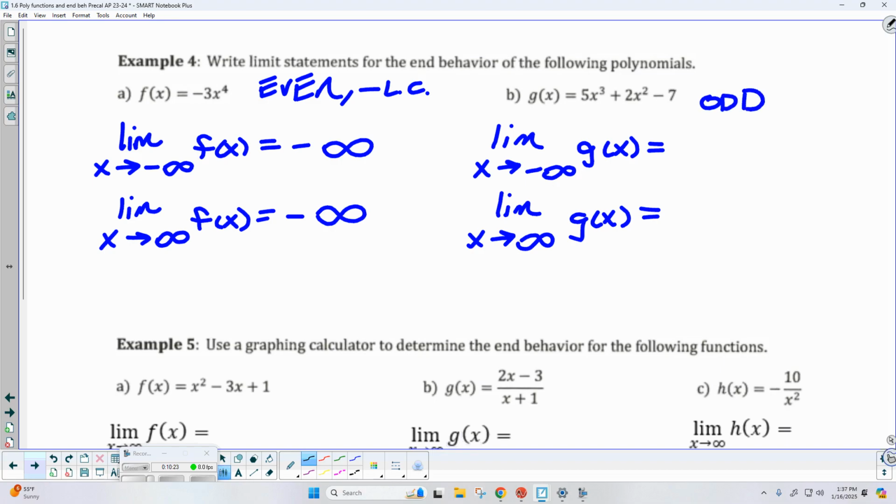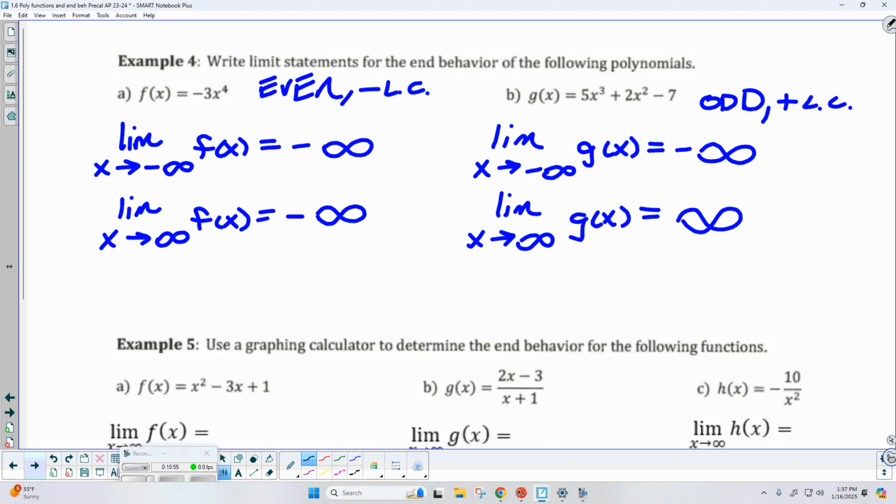So we have an odd degree with a positive leading coefficient. So, Bailey, what would you say about the left end behavior? Should it be going up to positive infinity or down to negative? It's going to go down to negative. There we go. So, William, what would you say about the right end behavior? Not going to be positive. Remember, if it's odd, the two ends will be going in opposite directions. All right, there we go.